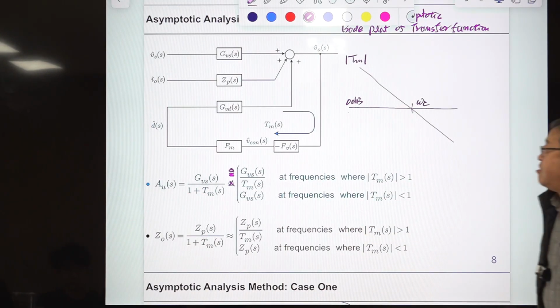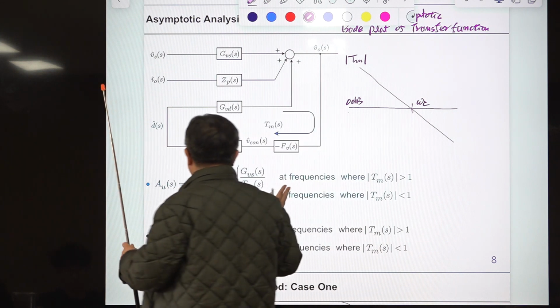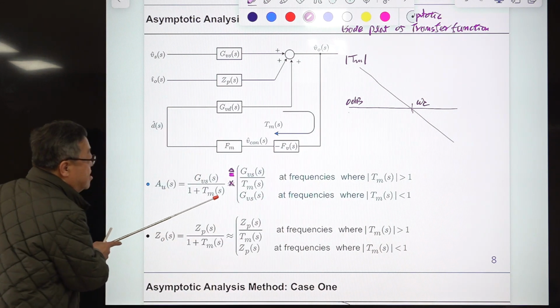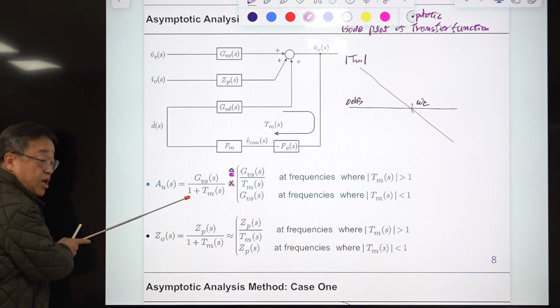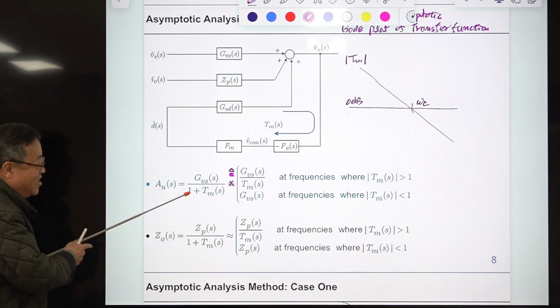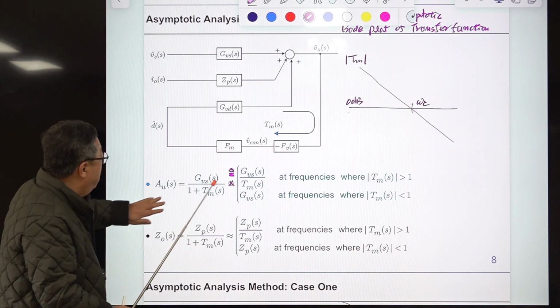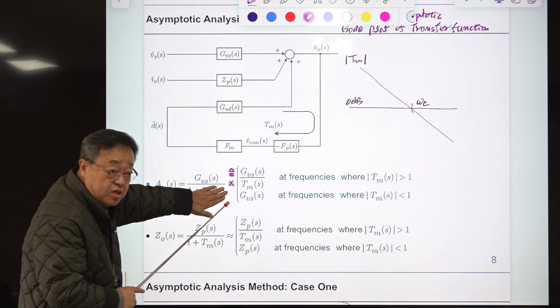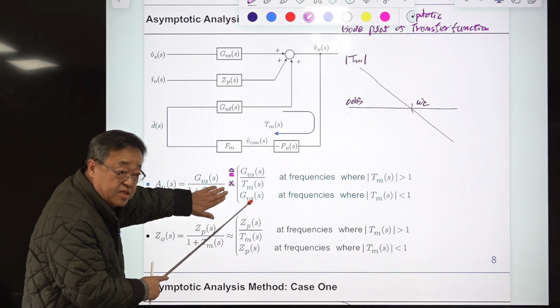And after some frequency, TMS is smaller than this, not much smaller, just smaller than this one. Then we ignore this, then it becomes GBS, right?